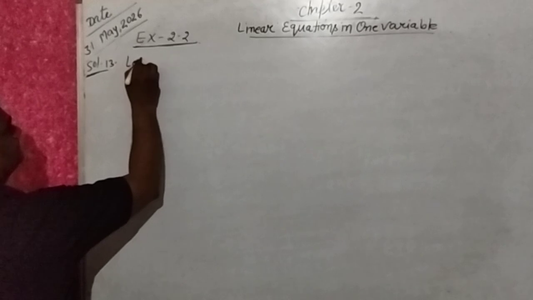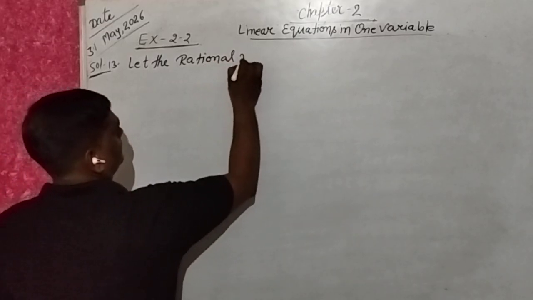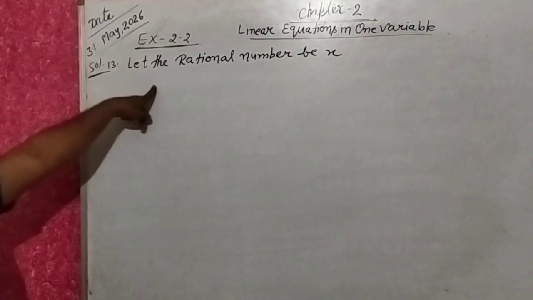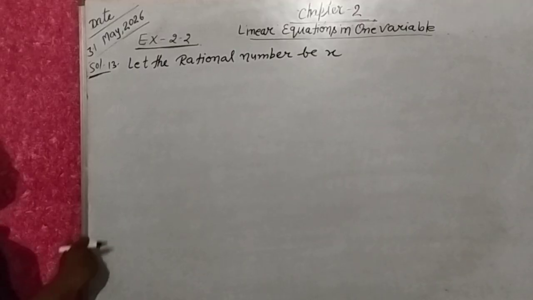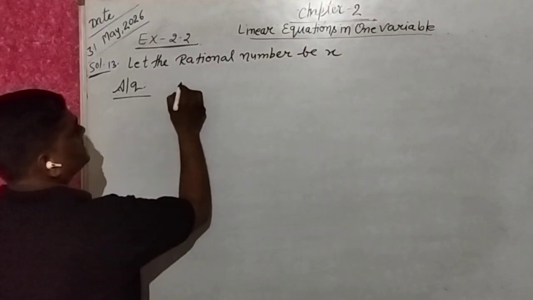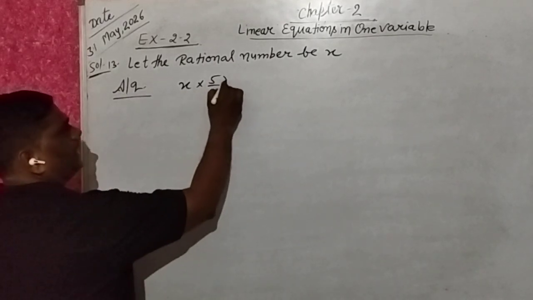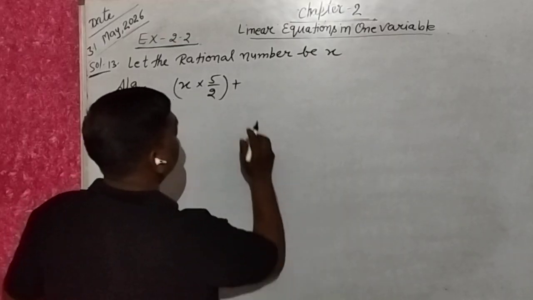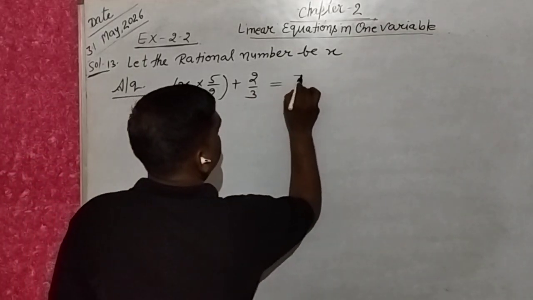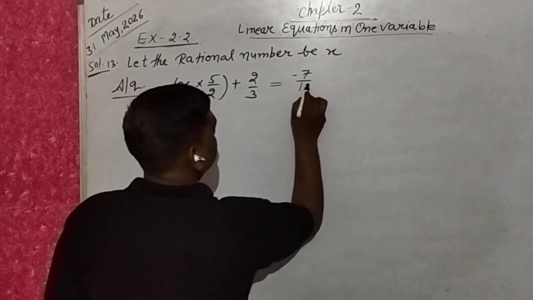Let the rational number be x. According to the question, x multiplied by 5 upon 2 and add 2 upon 3 makes minus 7 upon 12.